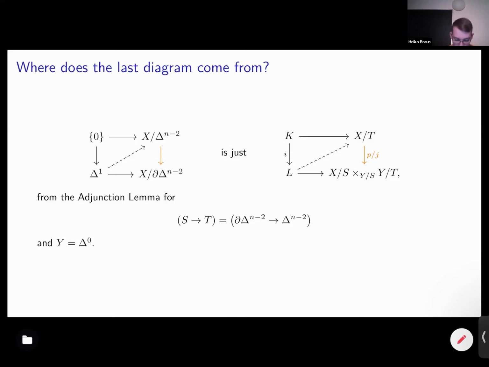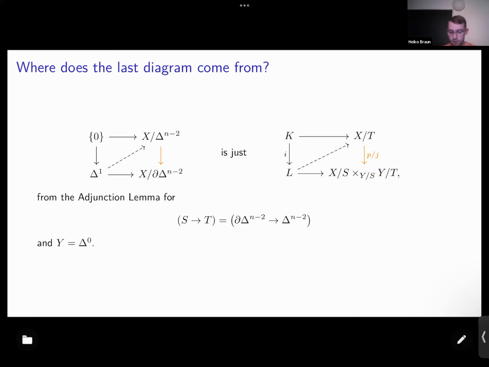In this case, we take the inclusion of s to t to be this guy, the boundary of delta n minus 2 into the whole standard simplex, and y is the point. If we do that, then here the pullback along the point and the slice with point, if y is a point, then this guy is also a point. So this totally vanishes, and we are left with x slice t and x slice s, which is in this case exactly what we want. So this is how the upper diagram is constructed.